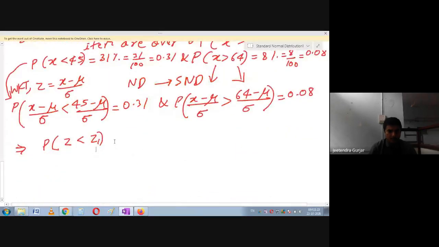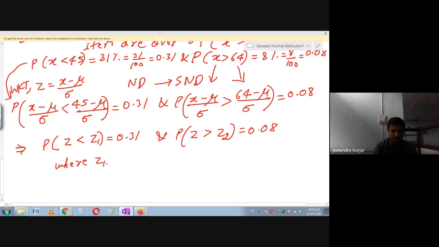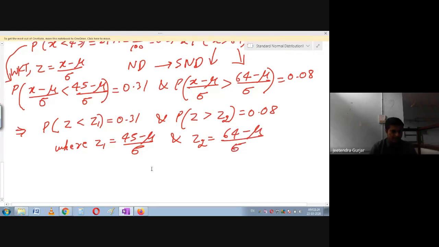I have taken z1 as the first variate, that is 0.31, and the second one, using the formula, I'm going to take as z2, which is equal to 0.08. Please remember, z1 is 45 minus mu divided by sigma, and z2 is equal to 64 minus mu divided by sigma. Simultaneously we'll see what is the exact value I'm going to calculate here.